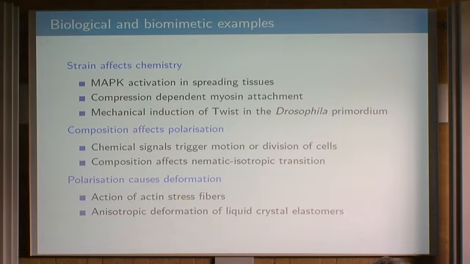And these actin stress fibers, they say they have nematic polarization in standing cells, and they have vector polarization in moving cells, and this polarization of the stress fibers is very important, of course, in all motion and in reshaping of cells. And then anisotropic deformation of biomimetic materials, about which I will talk.